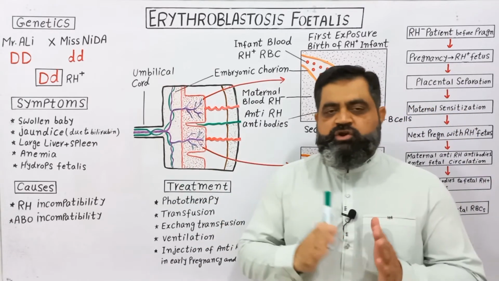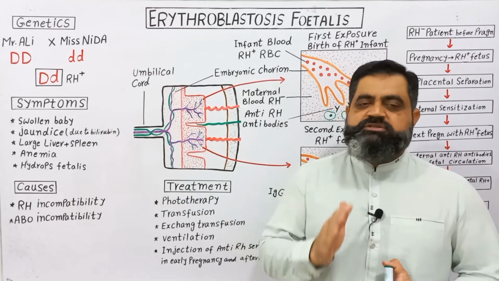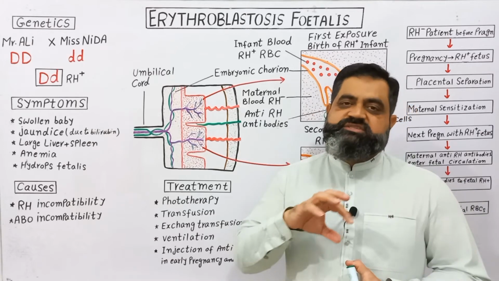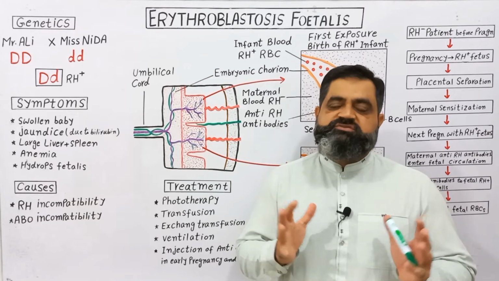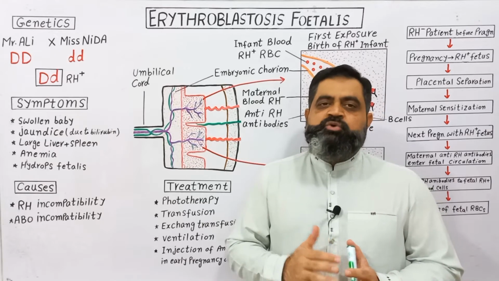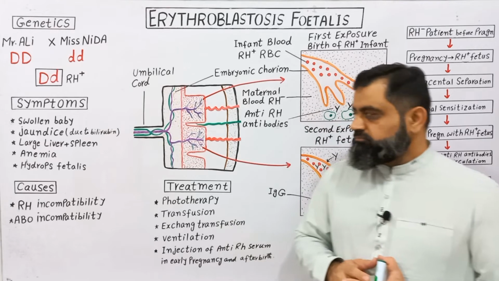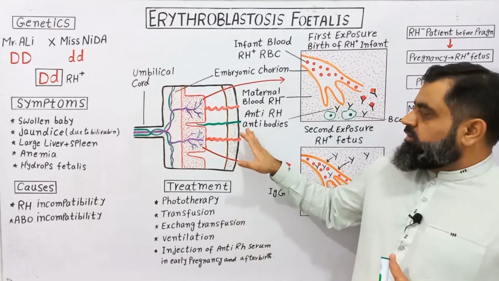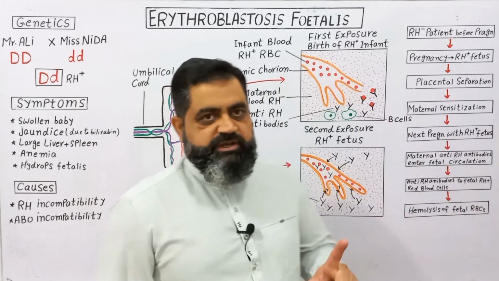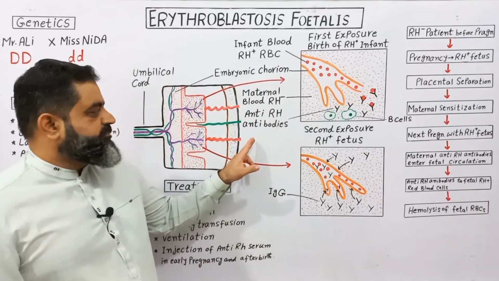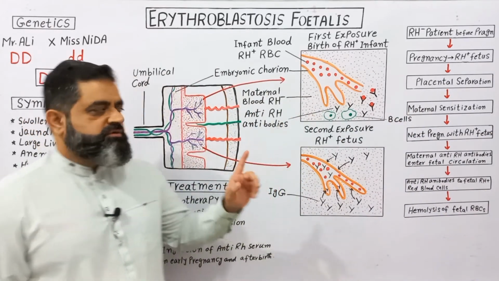This layer of chorion keeps the mother's blood and fetal blood from mixing, which is very important because of blood incompatibility. During the first pregnancy, there are two cases. What happens at the time of birth?